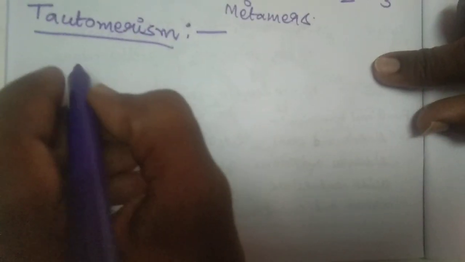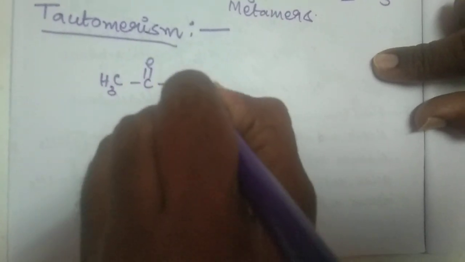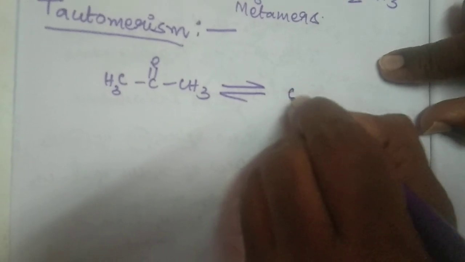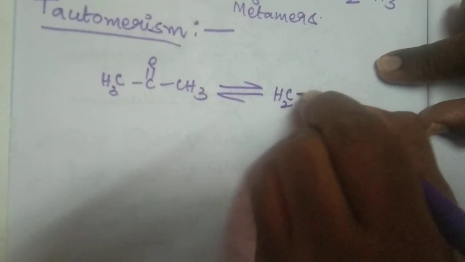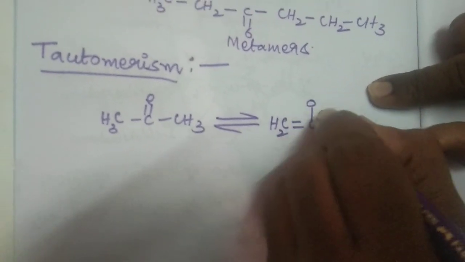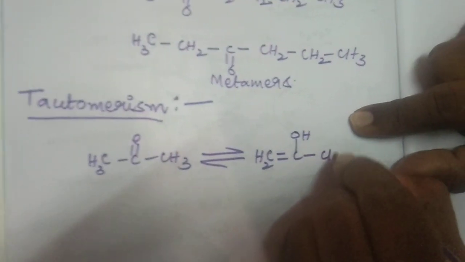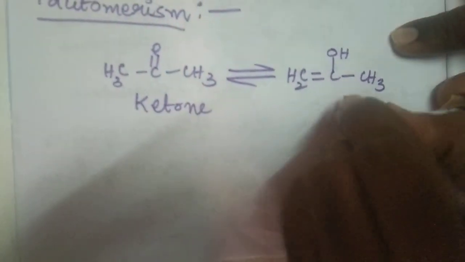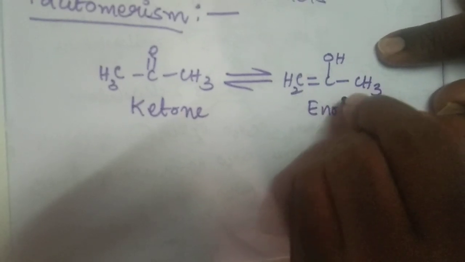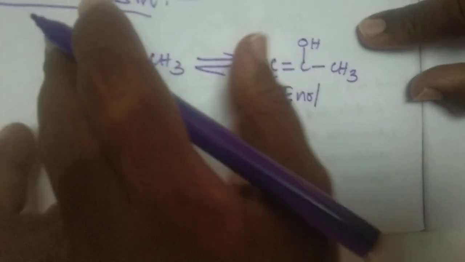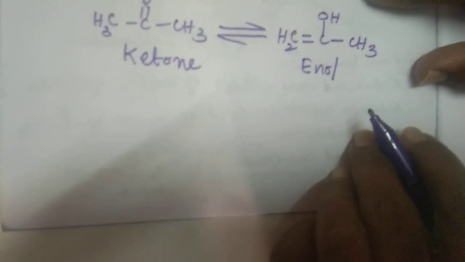For example, here we take one ketone, CH3C=OCH3. This can also exist as CH2=C(OH)CH3. So this is the ketone and this is the enol. Keto and enol always exist as tautomers.